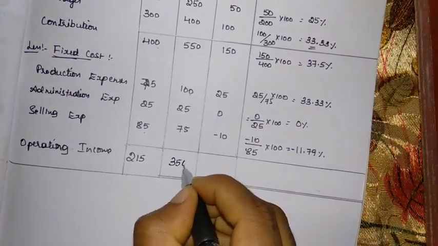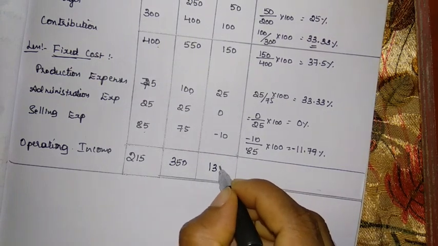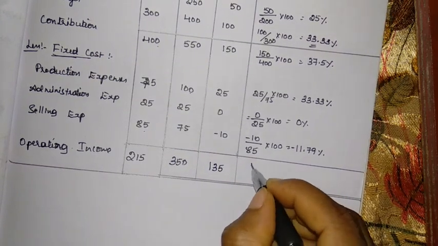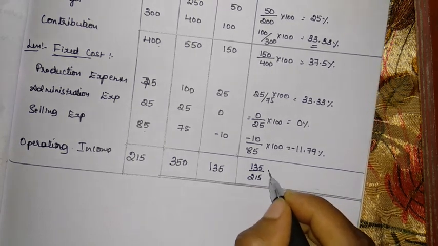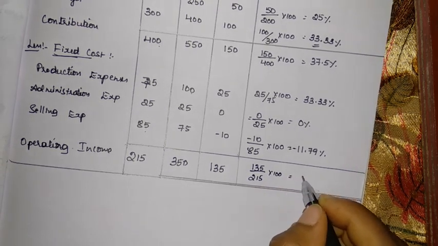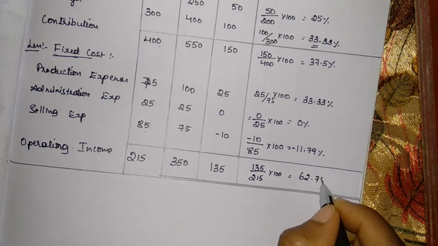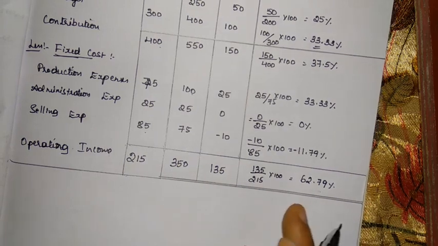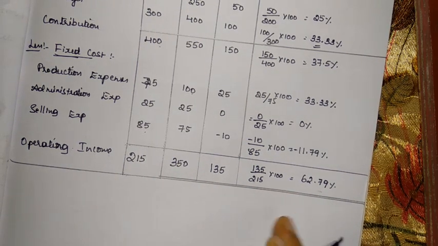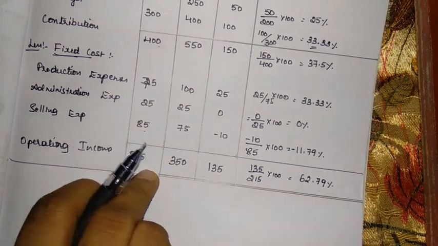So profit increases by 135 crores. In percentage, 135 crores divided by 215 crores into 100, that is 62.79%. So the profit of the firm has increased by 62.79% from the previous year.